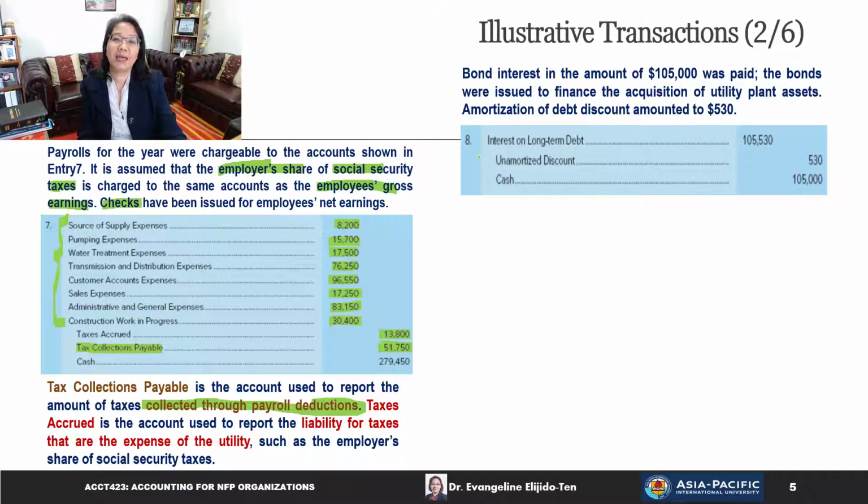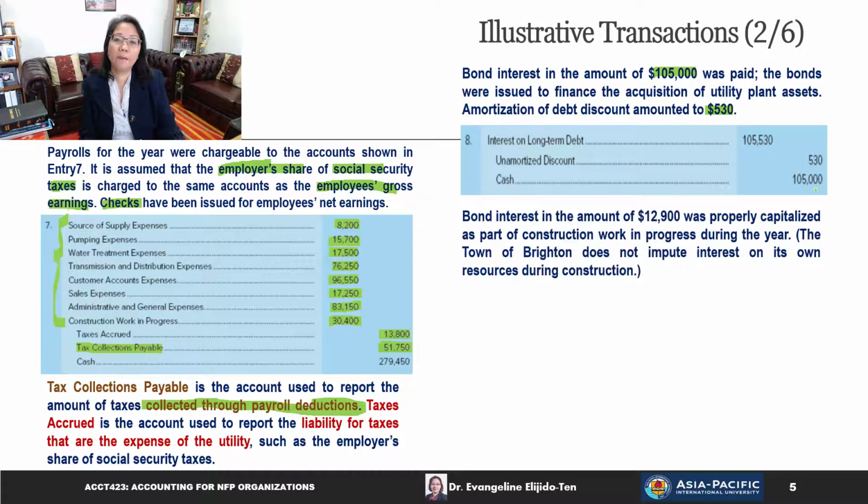We will be debiting interest on long-term debt for the total of the bond interest and the debt discount amortization, so 105,530. We will then credit unamortized discount for 530 and credit cash for 105,000 because we paid cash for that amount.